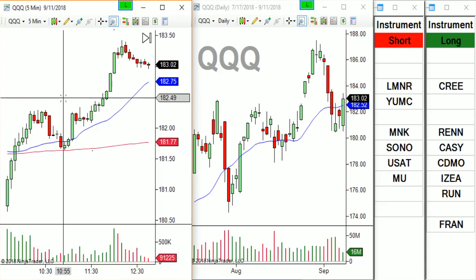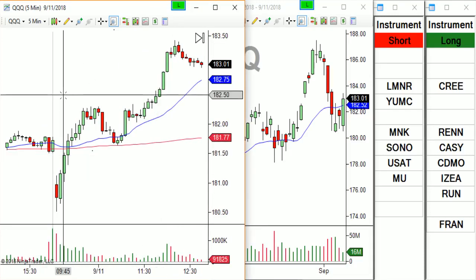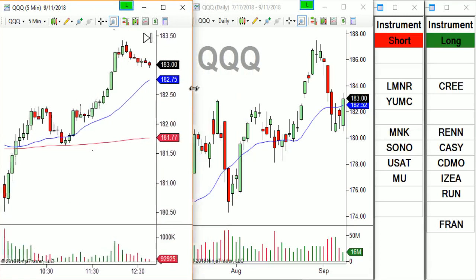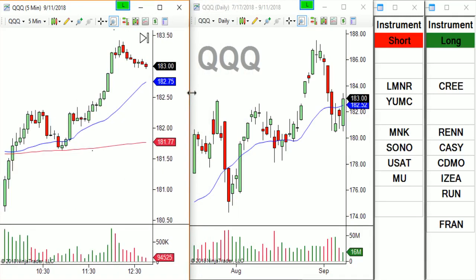But by far, the best way that I've found to scan is to look at charts, right? Look at charts. That's the best way that I have found to scan, is to somehow look at a whole bunch of charts that filter out.